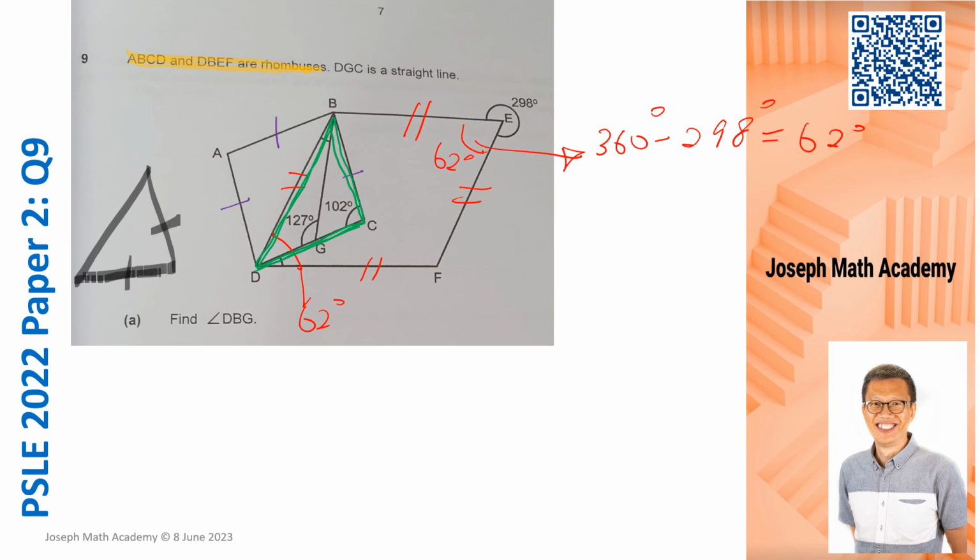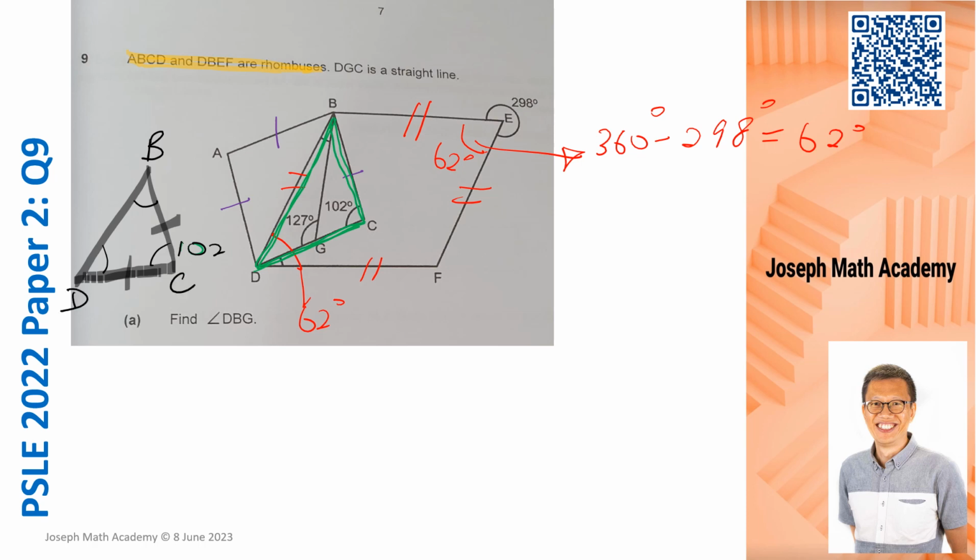From here, we know that this is 102, over here. And these two must be the same. So this is isosceles triangle BCD inside the rhombus ABCD.